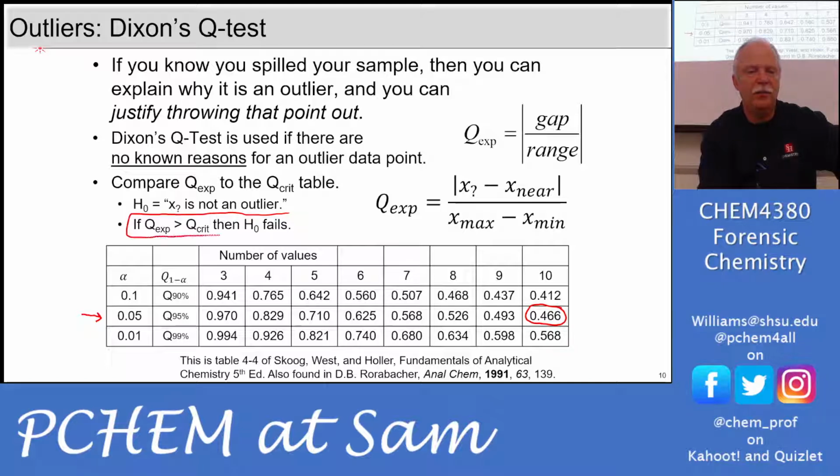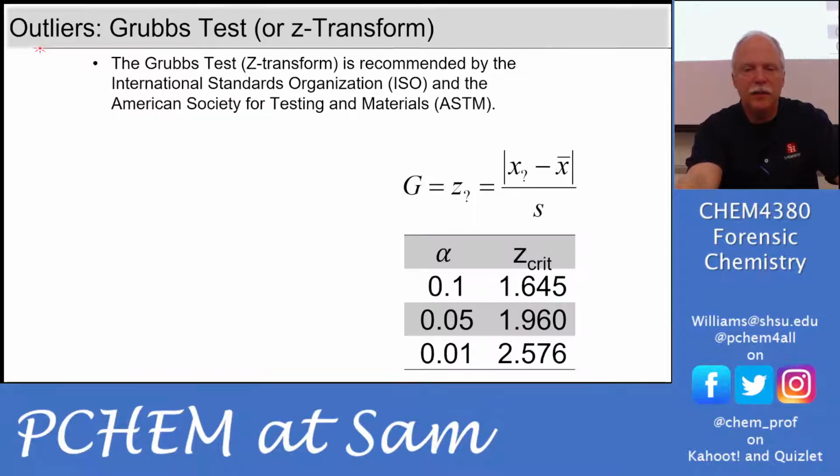If Q experimental is greater than Q critical, then we reject the null hypothesis. We say H0 fails. It's not true. Okay, so we can do this in Excel. We'll look at it in a second.